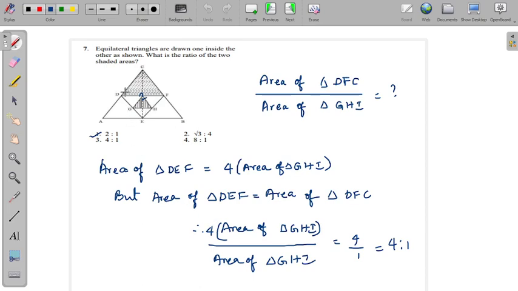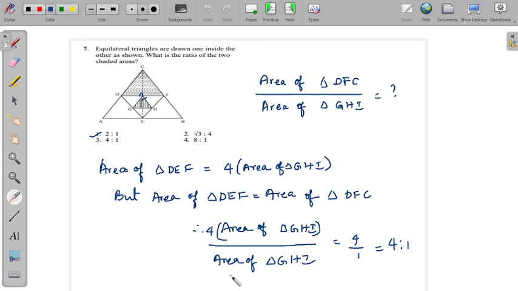But the area of triangle DEF is the same as the area of triangle DFC, because look here, this triangle is exactly a copy of DFC. So the area of triangle DFE is the same as the area of triangle DFC. Therefore the area of triangle DFC is nothing but 4 times the area of triangle GHI.